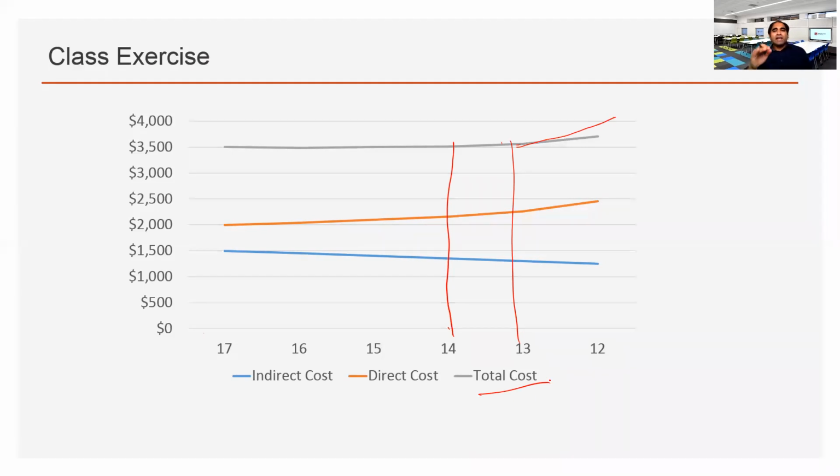So you can have a very clear optimum point, or you can see that starting from here, this is a very slow increase to 13, and then you may not see that sharp increase with the number of days. So in some cases, finding the optimum point may be a bit difficult, but it is the point from where the total cost will again start to increase. That will be the optimum point.